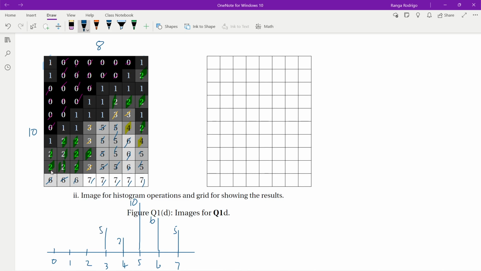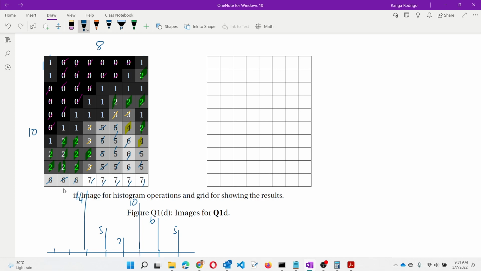With intensity 2, 1 to 14. Intensity 1, 1 to 17.